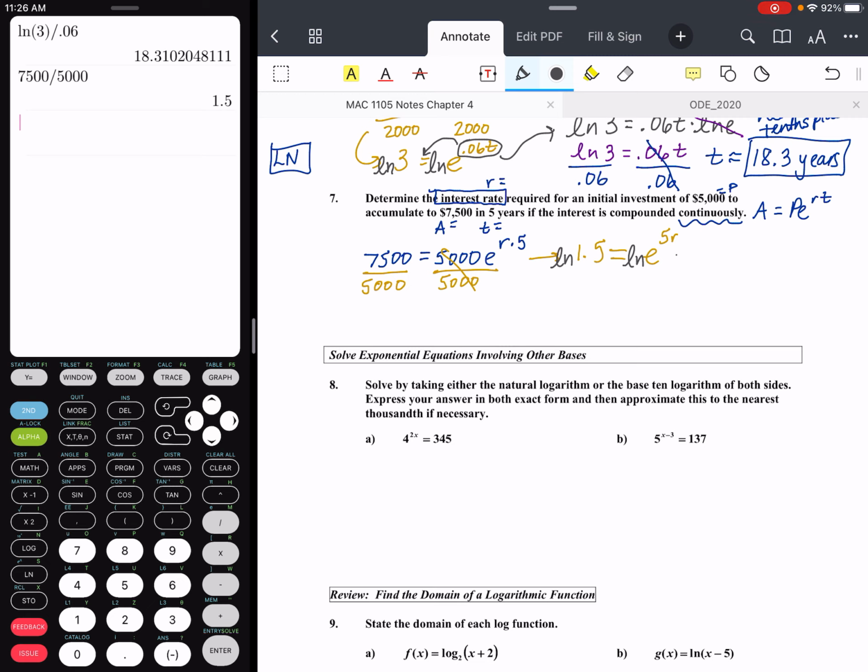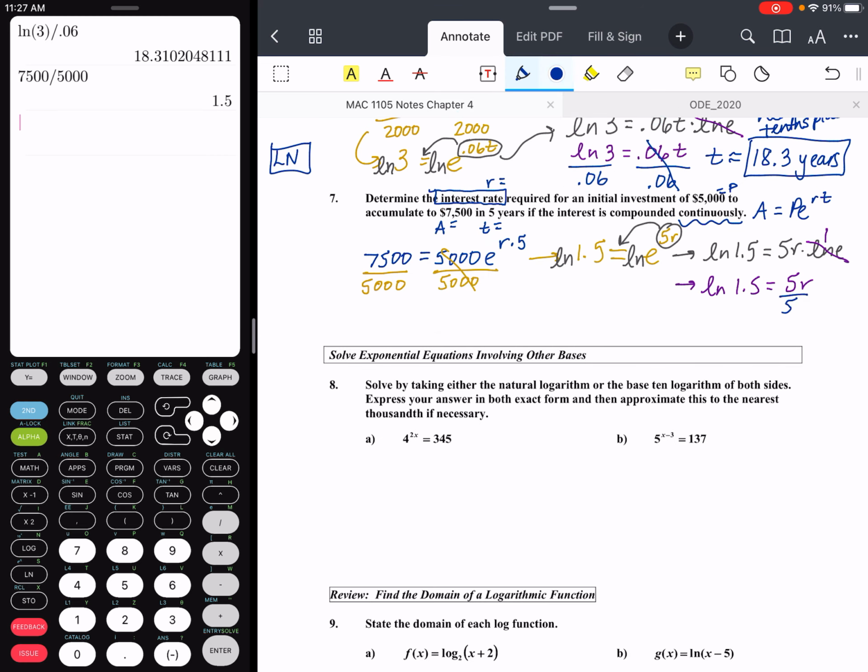So this gives me natural log of 1.5 on the left equals, and then we apply the power rule on the right-hand side, 5R times the natural log of e. And remember that natural log of e is equal to 1. So now we just have natural log of 1.5 equals 5 times R.